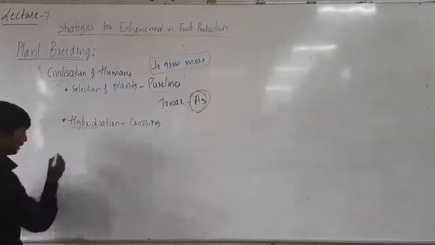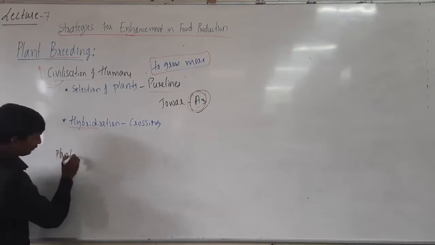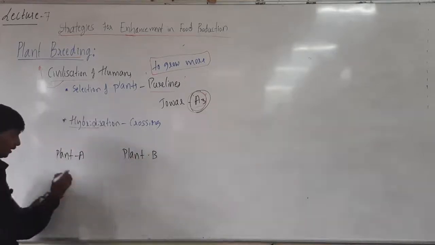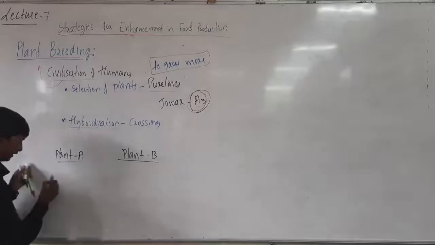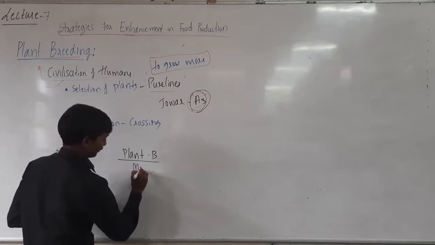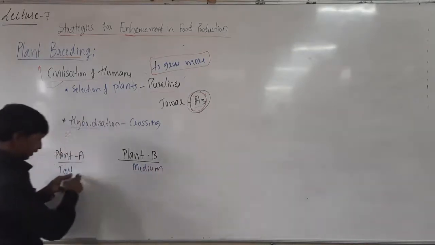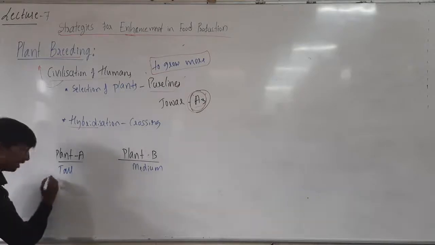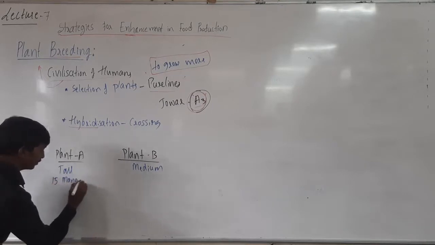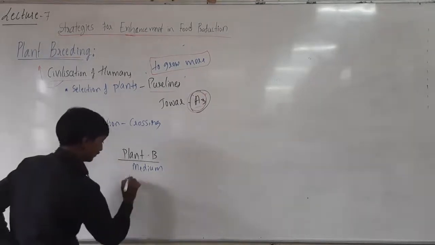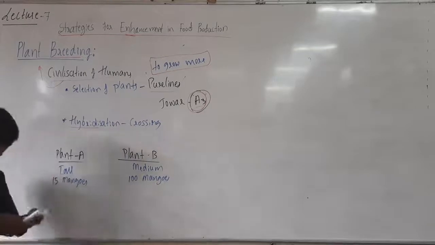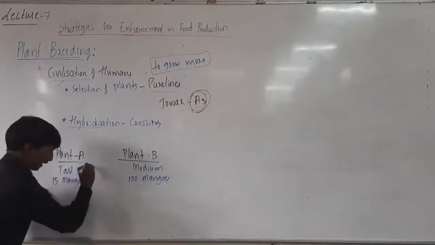For example, I say plant A, I have plant B. Here having some characters, it is tall, it is medium. This plant is giving, imagine a mango tree, 15 mangoes per year. This plant is giving 100 mangoes per year. Now out of the two characters, this is the good character.